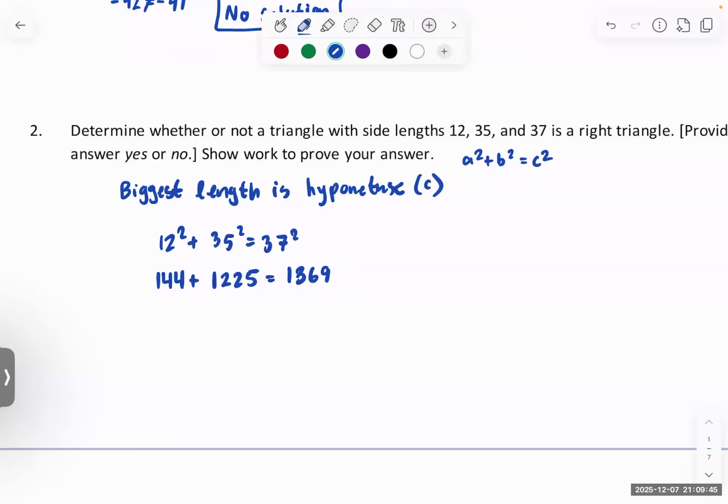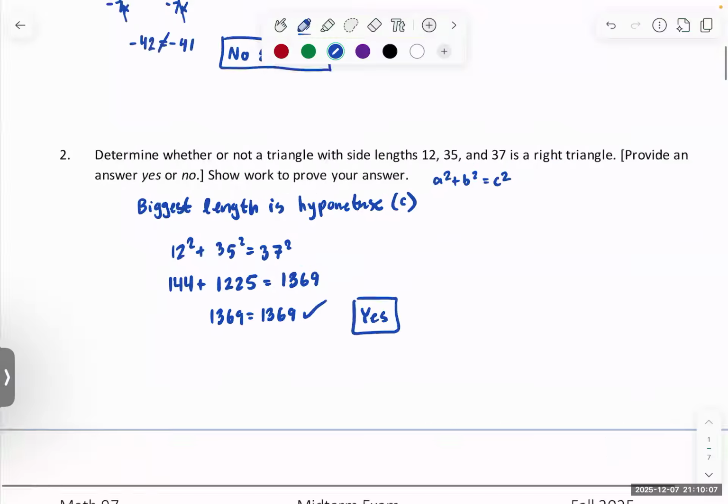All right, and now we have to add 144 plus 1,225, which does indeed equal the same thing as this number. So yes, this can be a right triangle.